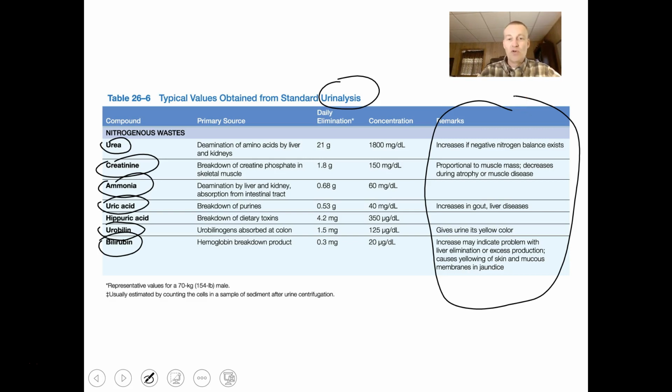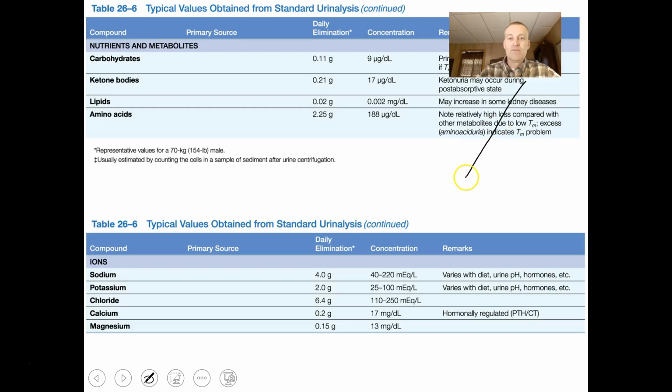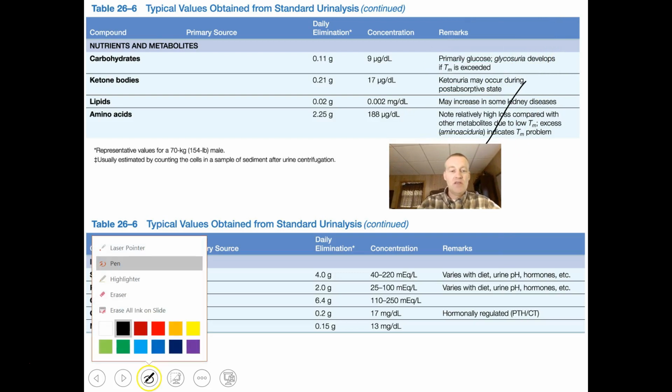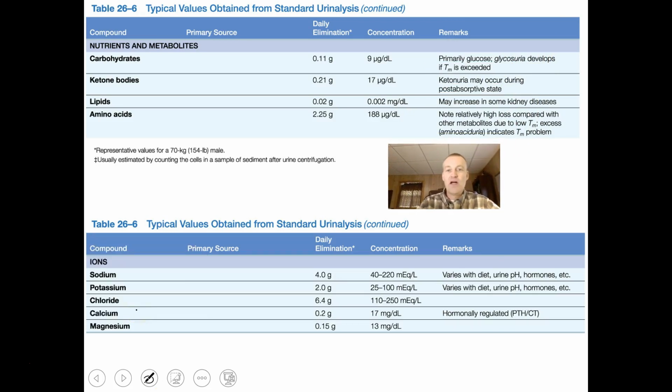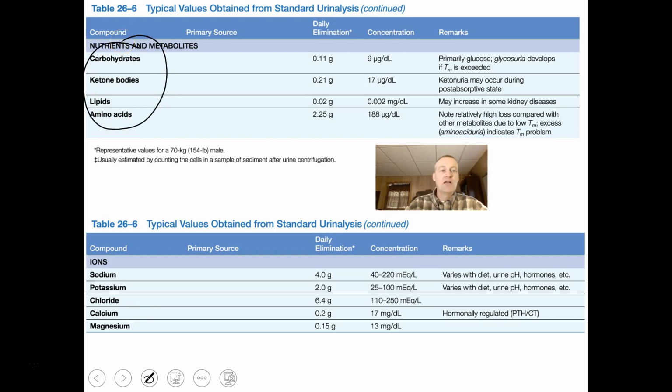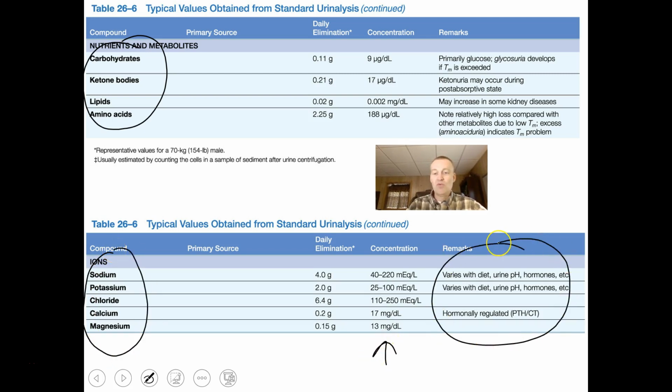So there are normal values, and then there are abnormal values. There will also be normal values of various things like carbohydrates, ketone bodies, lipids, and amino acids. These can show, again, certain disease states if they're in higher numbers than what you want. And of course, all of your electrolytes are going to have certain concentrations and will show various kinds of problems if they're in your urine in high concentrations.